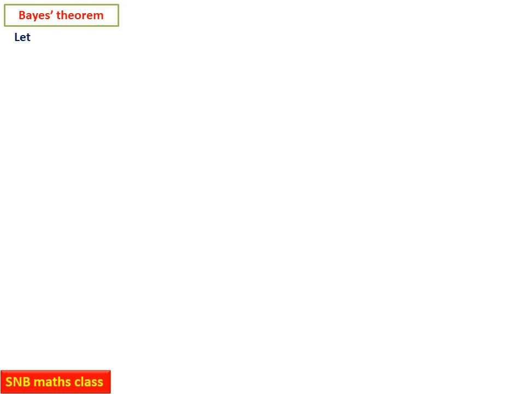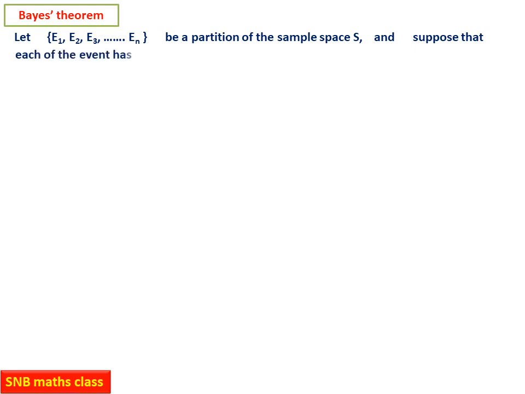Bayes theorem, let us discuss the statement. The first part is the same as the total probability theorem. Let E1, E2, E3, etc., En be a partition of the sample space, and suppose that each of the events has non-zero probability of occurrence.